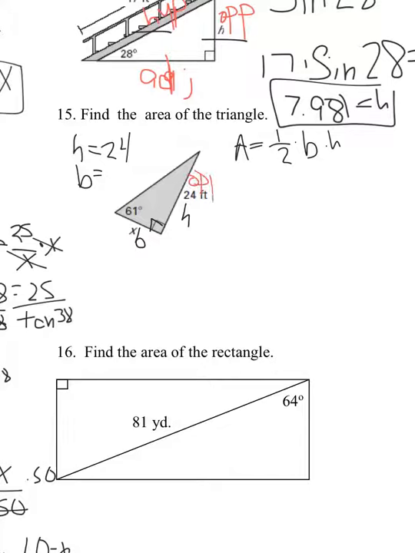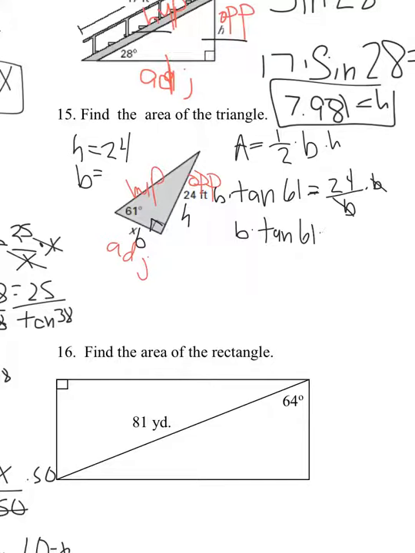So from 61, you have opposite, adjacent, hypotenuse. Opposite and adjacent have your information, so we're going to start tan 61 equals 24 opposite over b, the adjacent. I'm going to use b so we can differentiate base and height. So 2 steps here, times b, cancel, cancel.